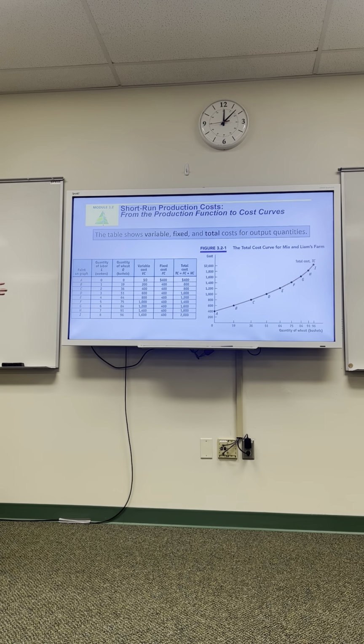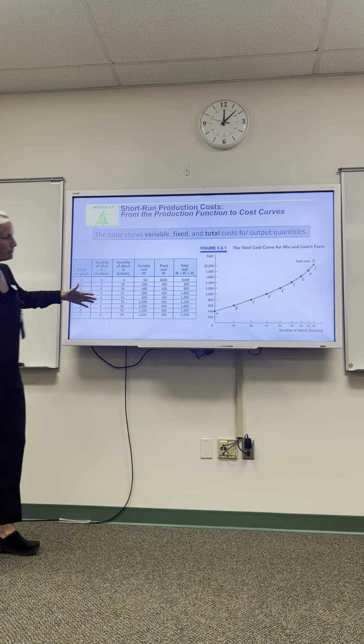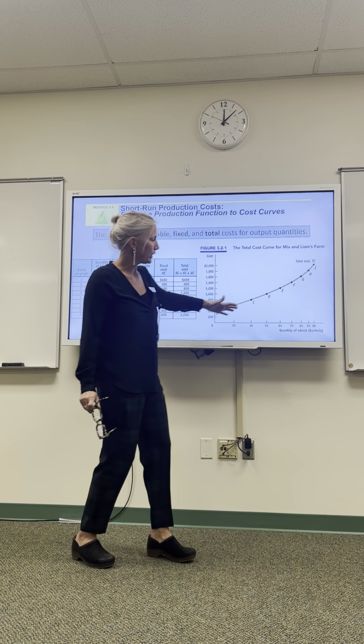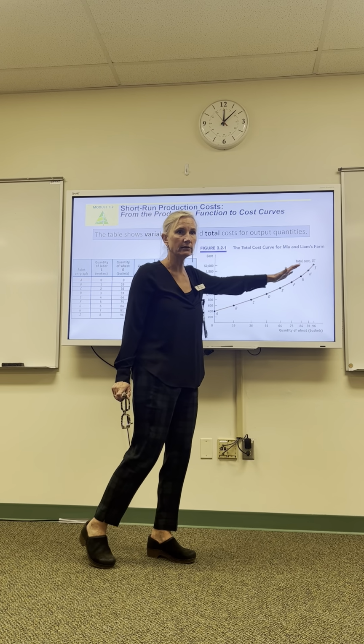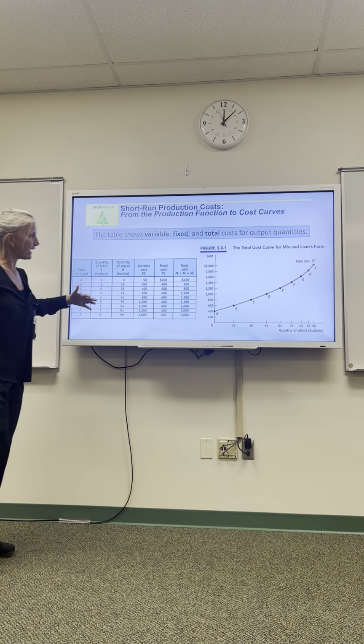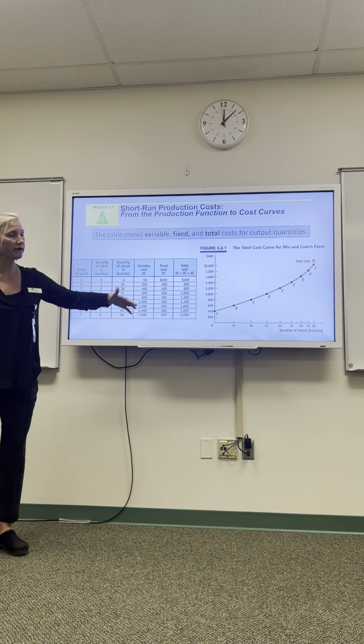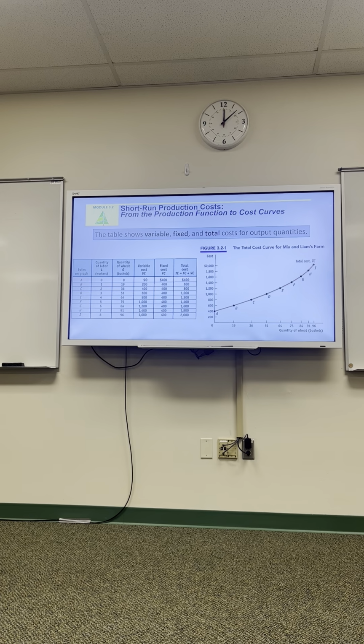It just is a way to demonstrate to you that as a firm produces more output, their total costs increase. The primary reason for that is that as they produce more, they're adding more and more variable costs, more labor, more raw materials, more things like electricity and stuff that vary with the amount of output that is produced. Okay.